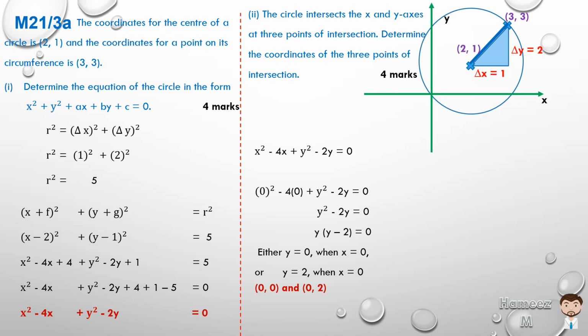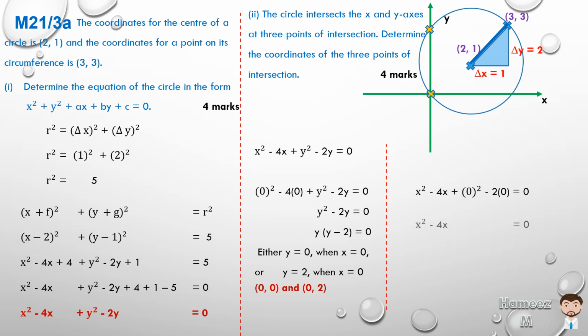So let's shift the axes somewhat so we can follow that. So our sketch was a little incorrect, and it looks a little better now. And if we want to look on the x-axis now to find the roots, then we can substitute y as 0. So it's going to give us x squared minus 4x plus 0 squared minus 2 times 0 is equal to 0. We're still using that same equation we got from part 1.